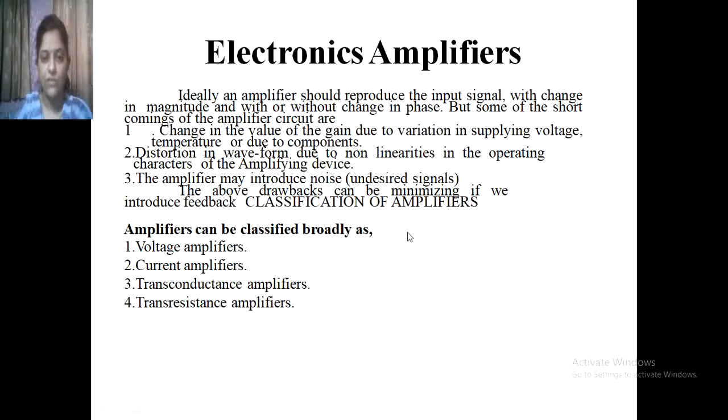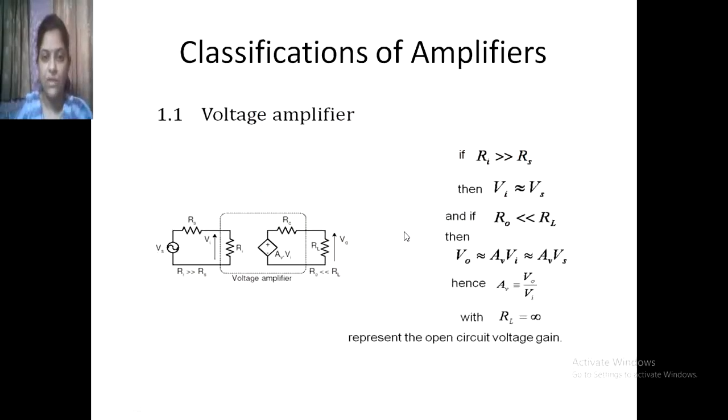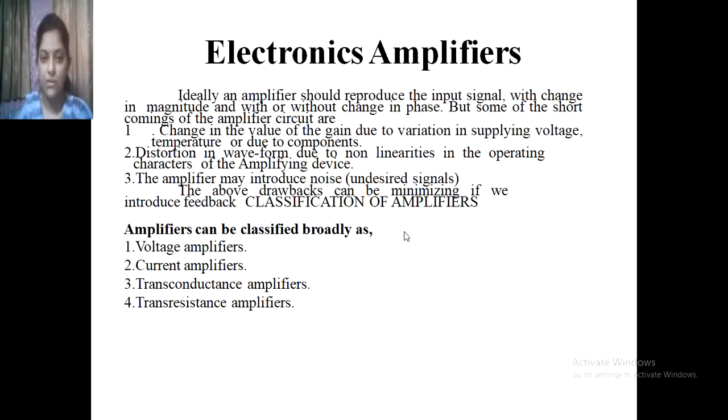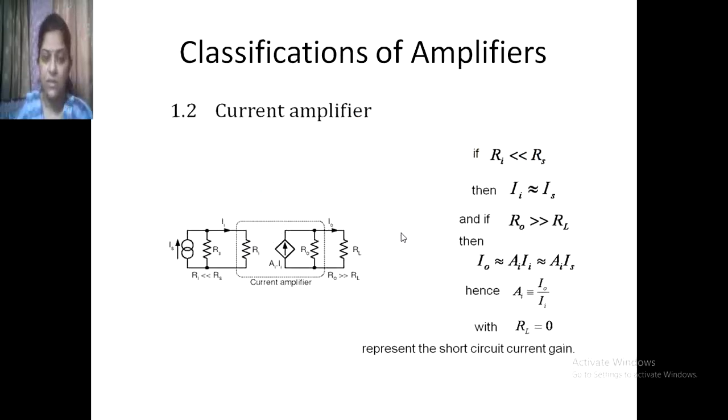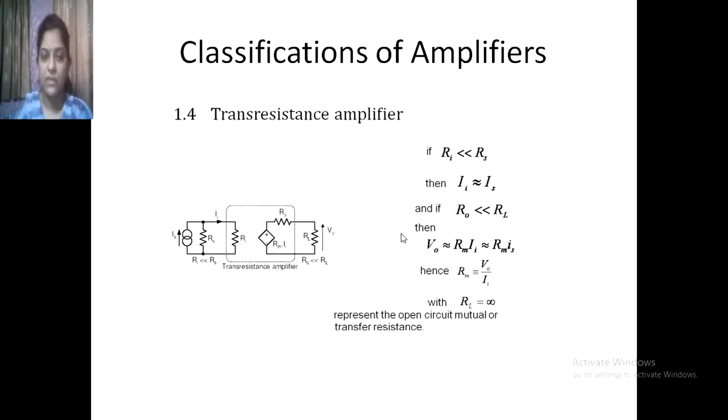In negative feedback we have seen the electronic amplifier circuits, that is voltage amplifier, current amplifier, transconductance amplifier and transresistance amplifier.